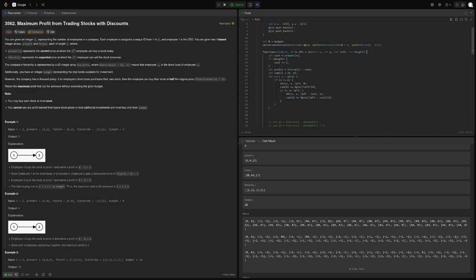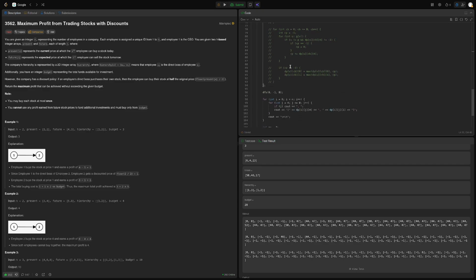And so now we have a cost and profit, and we want to do dp vertex left equal to didn't buy is com0 plus just com0 and then dp v left 1 com1 plus profit, and that's it. Maybe I'm not sure at all how this works.